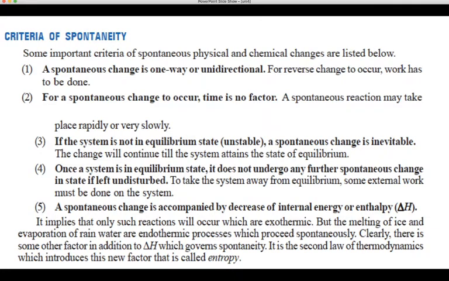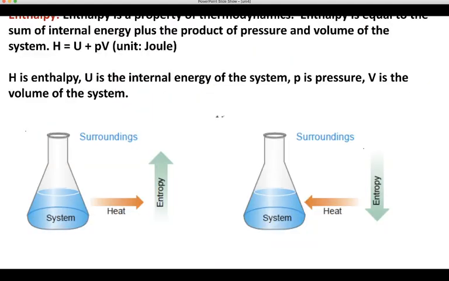So whenever a spontaneous reaction happens, the entropy will increase. So the spontaneous reaction increases the entropy of the surrounding system. So what is entropy? Entropy is one kind of property, a physical property of thermodynamics. Enthalpy is equal to the sum of internal energy plus the product of the pressure and the volume of the system.